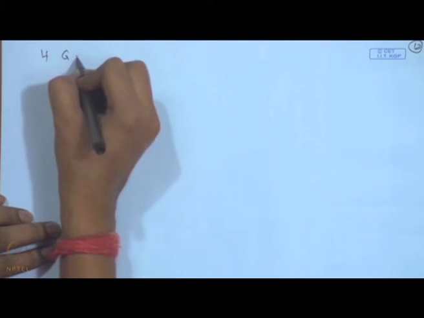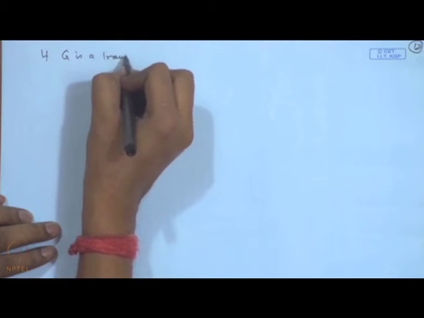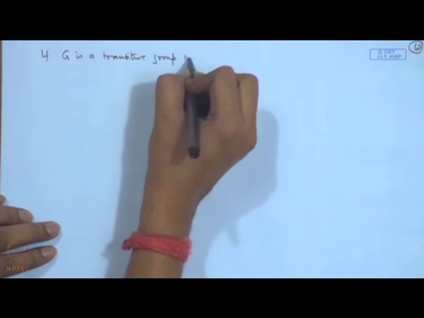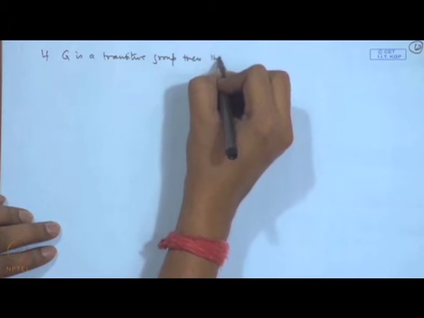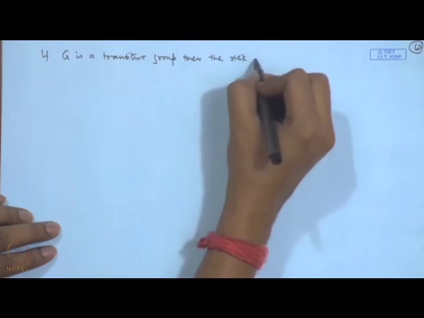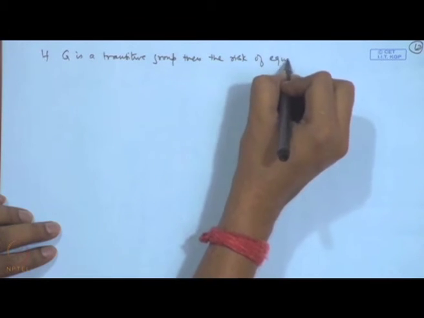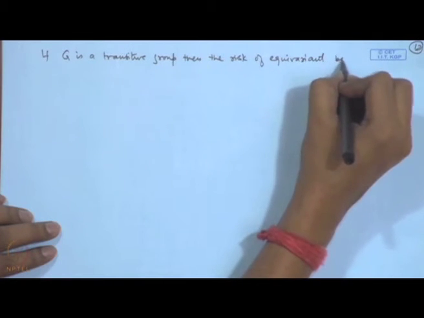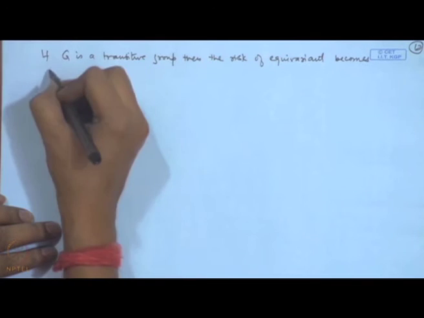So, if G is a transitive group, then the risk of equivariant estimator becomes constant.